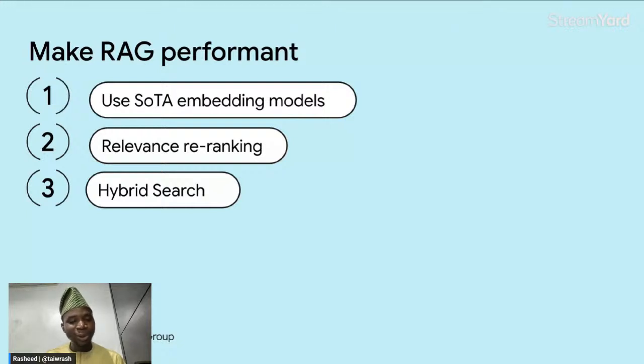The second thing is relevancy ranking. Relevancy ranking means you provide your facts in stages. A user comes with a query, we embed it, we push it to the vector database, we do a kind of comparison, and then we pick the top three out of what the user wants.